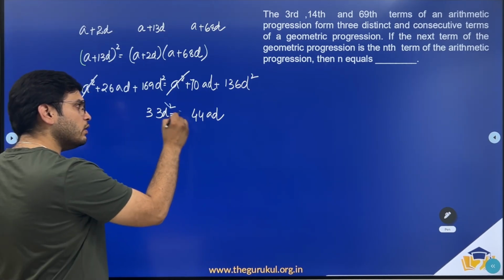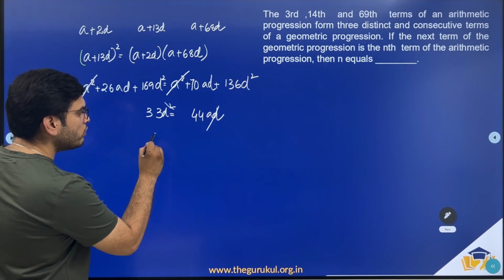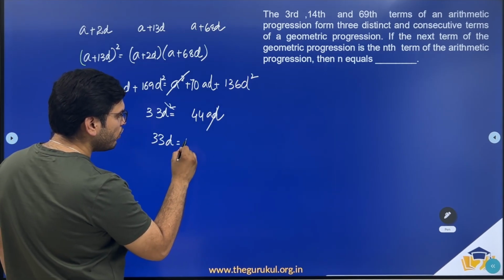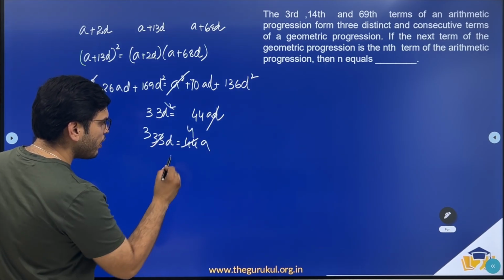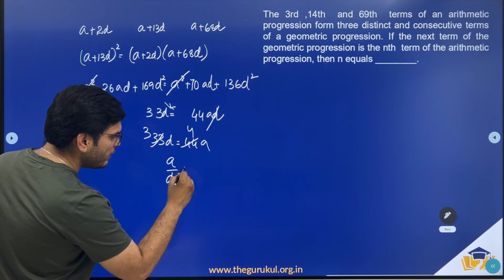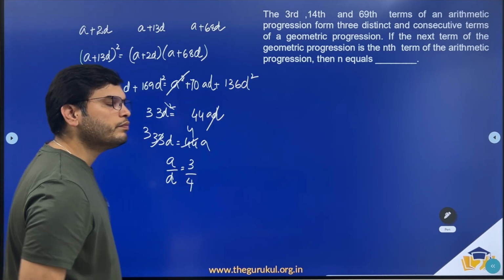Now I can cancel d on both sides. Now 33d is equal to 44a. Now 11 threes, 11 fours, so a by d is equal to 3 by 4, right?